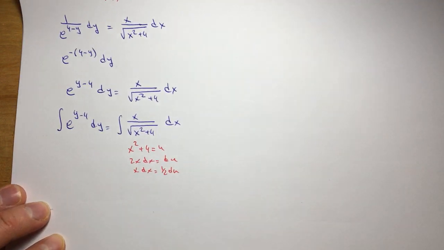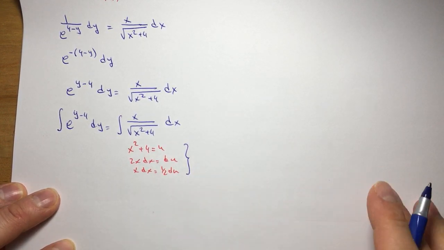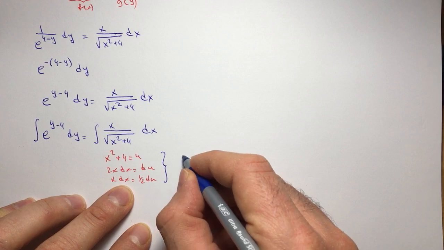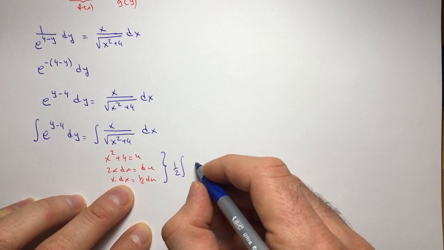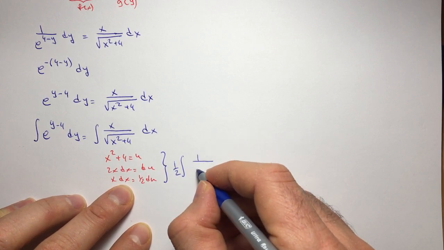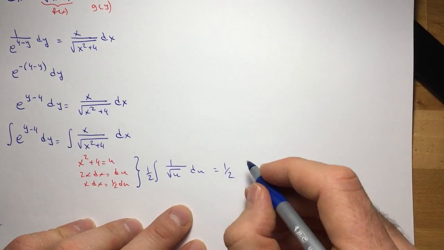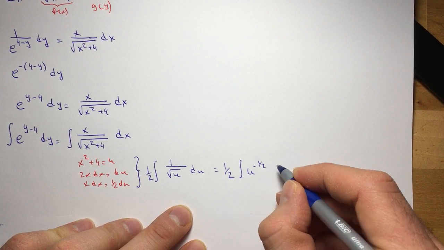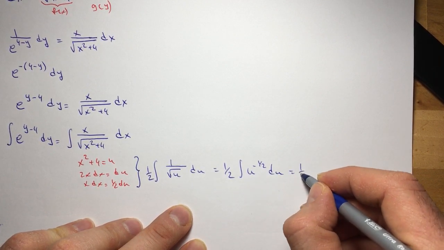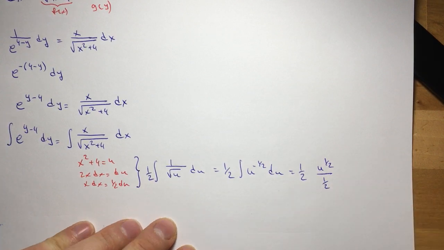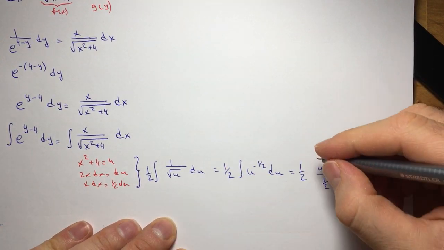So that means that this integral becomes 1/2 integral of 1 over square root of u du, which is 1/2 integral of u to the power negative 1/2 du, which is 1/2 u to the power 1/2 over 1/2. Cancel these two.